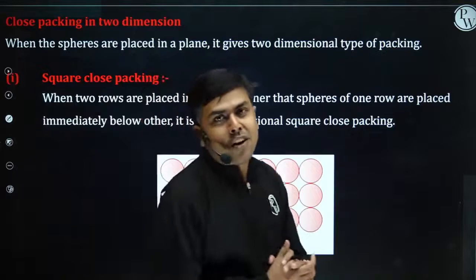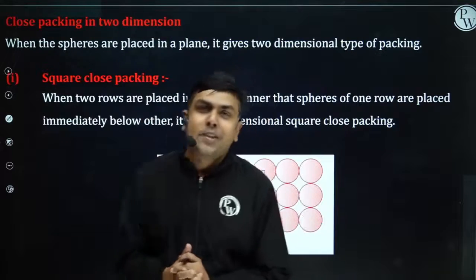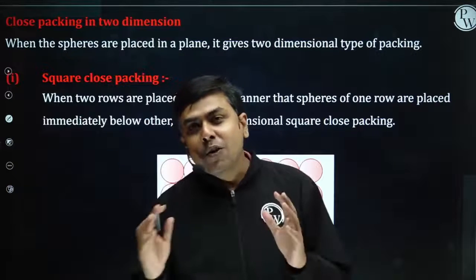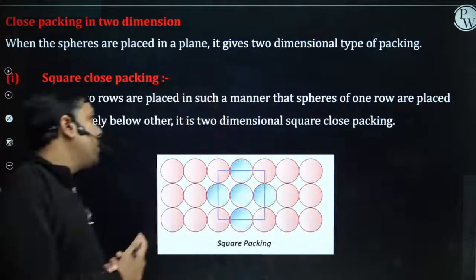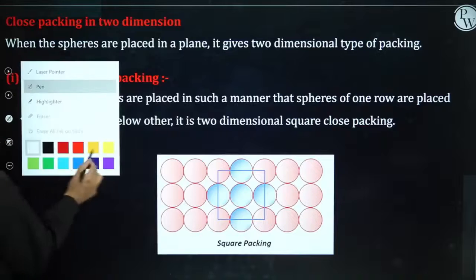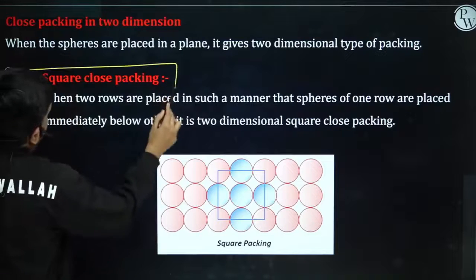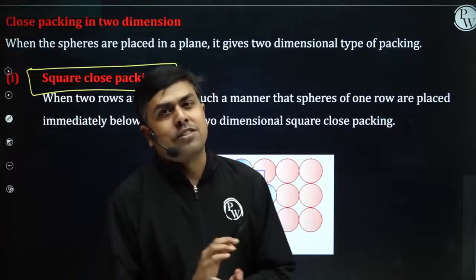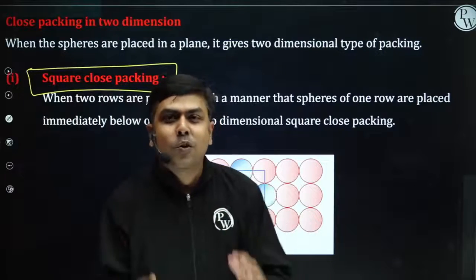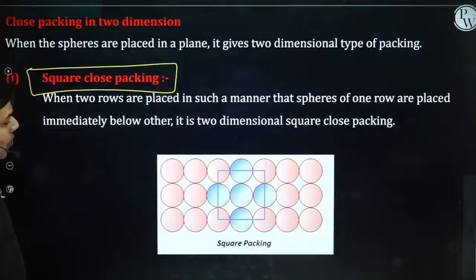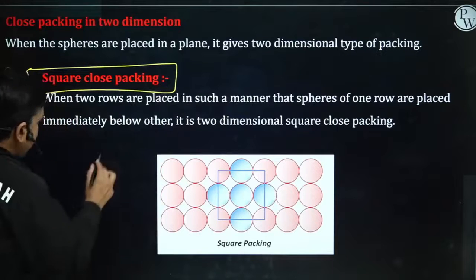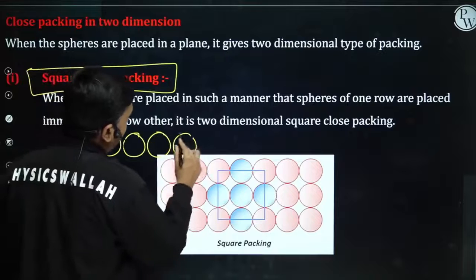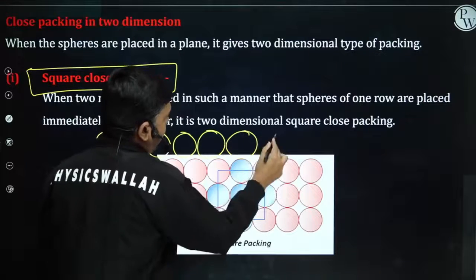Now let's focus on close packing in 2 dimensions. There are 2 ways through which we can do close packing in 2 dimensions. One of the ways is referred to as square close packing, and the other one is hexagonal close packing. Let's first of all focus on square close packing. In square close packing, first you arrange the atoms, these hard rigid spheres, in 1 dimension, touching each other.